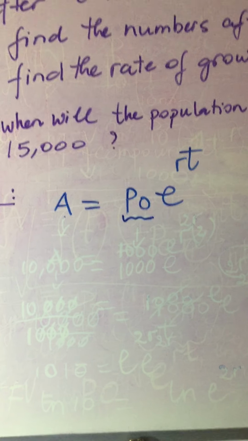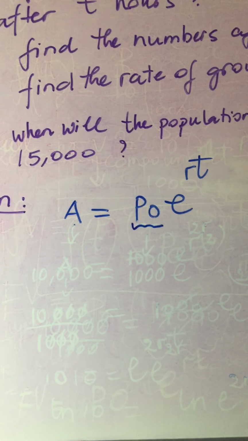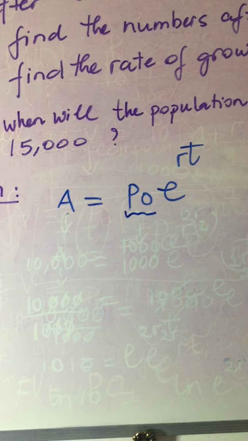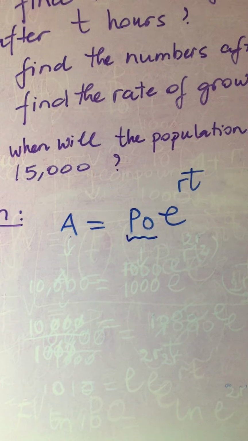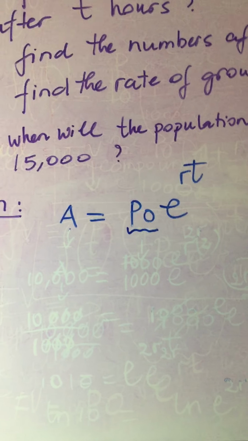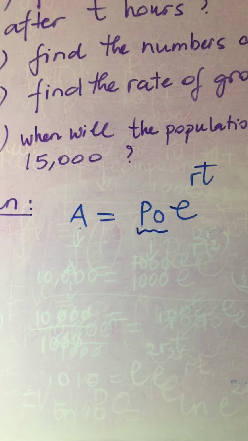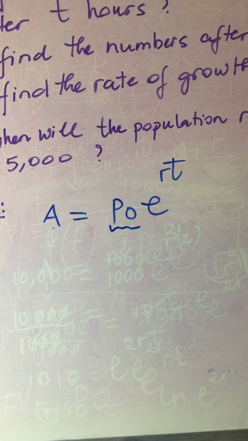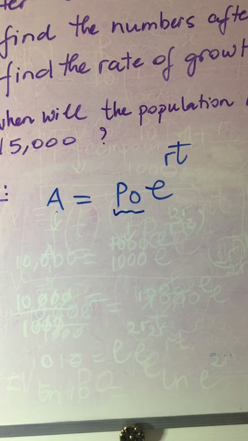Usually if we have one equation, the only way we can solve it is if one unknown is left over. The rest of the information has to be filled in to solve for one unknown. If you have two unknowns, you should have two equations so that you can solve for them, right?